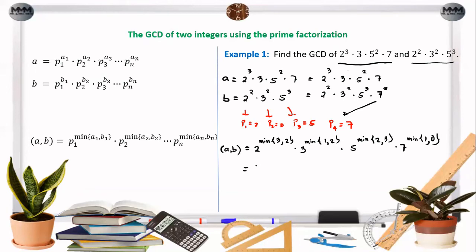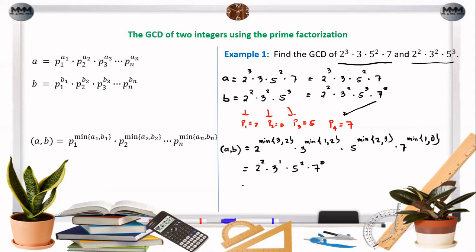Now let's get the minimum. So we have 2. Minimum is 2 times 3 raised to minimum is 1 times 5 raised to 2 times 7. Of course, the minimum here is 0. Okay. So let's answer.